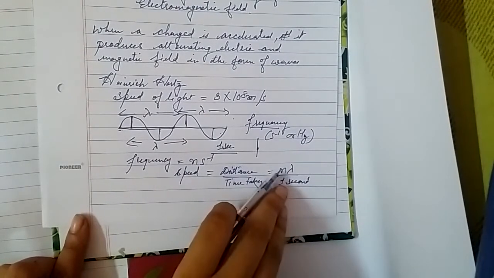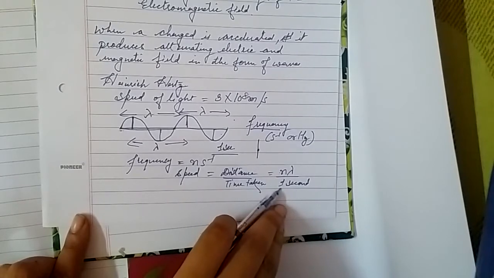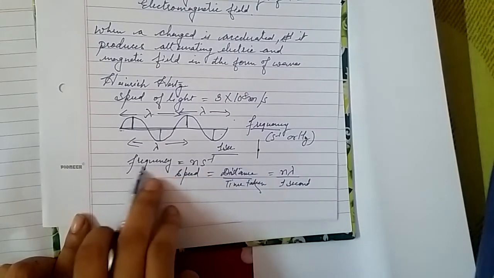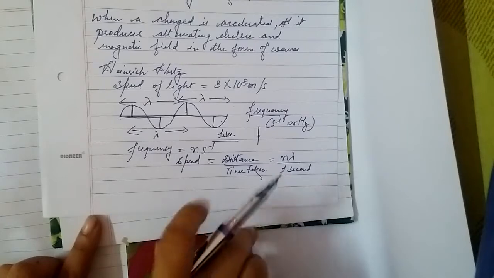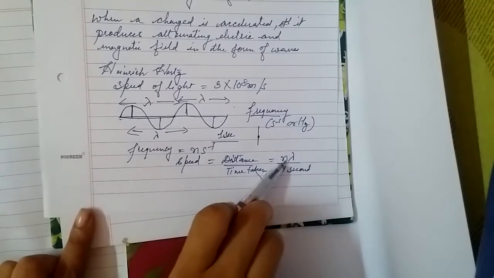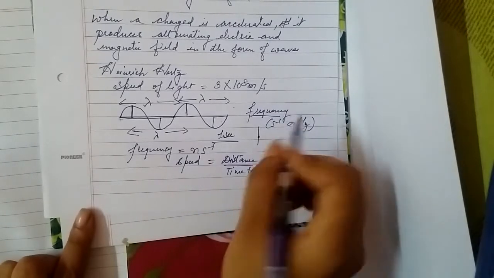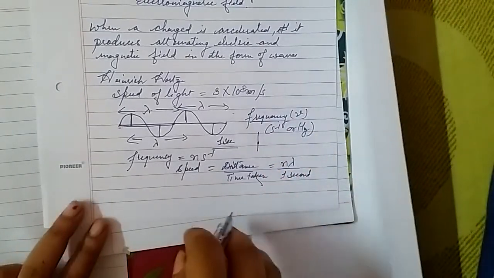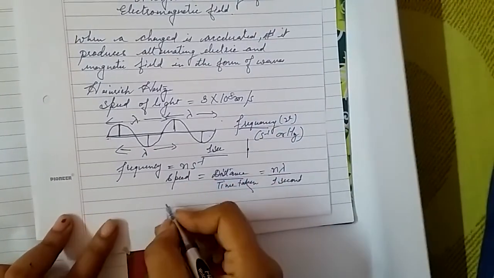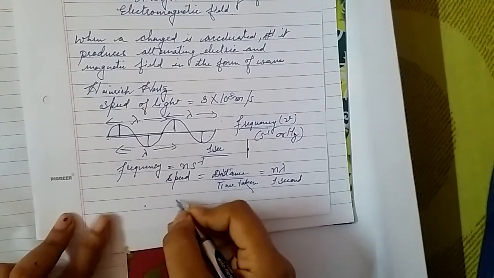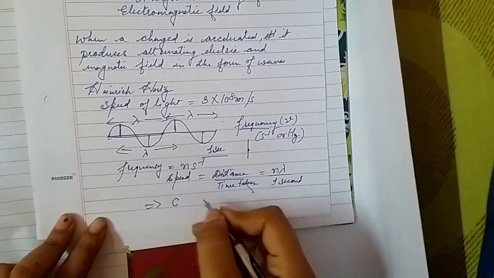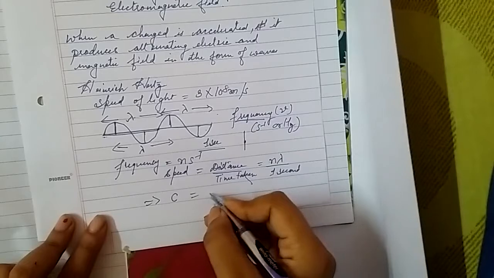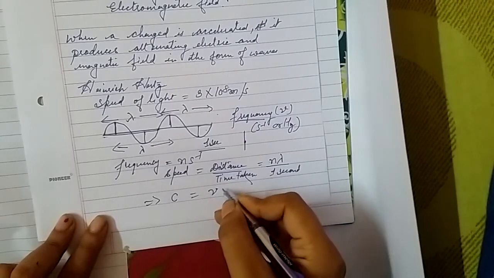Now you see, n per second is what? It is the frequency, isn't it? So instead of n per second, I can write frequency, and frequency is represented as nu. Now speed can be written as c, which implies that c is equal to frequency nu into lambda.